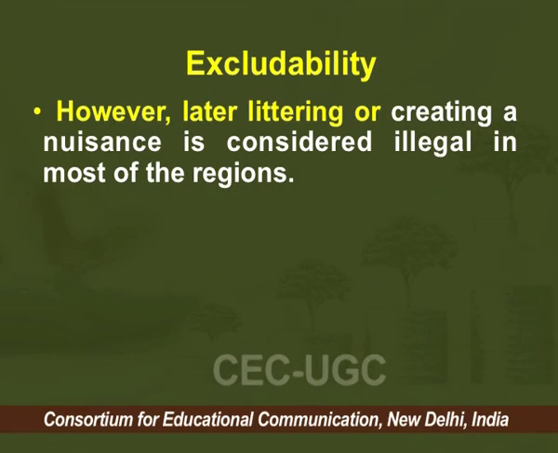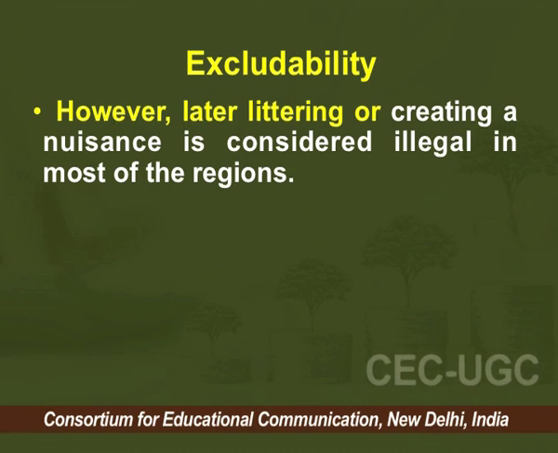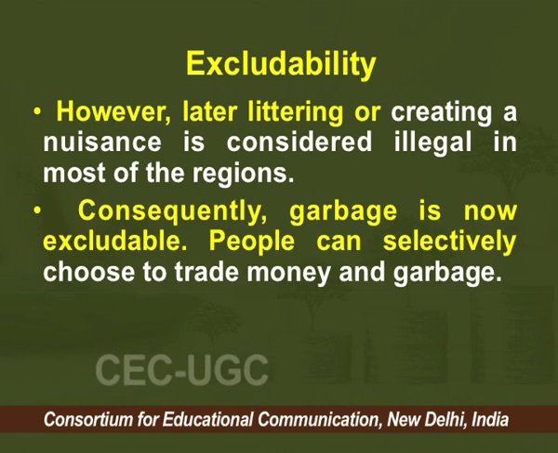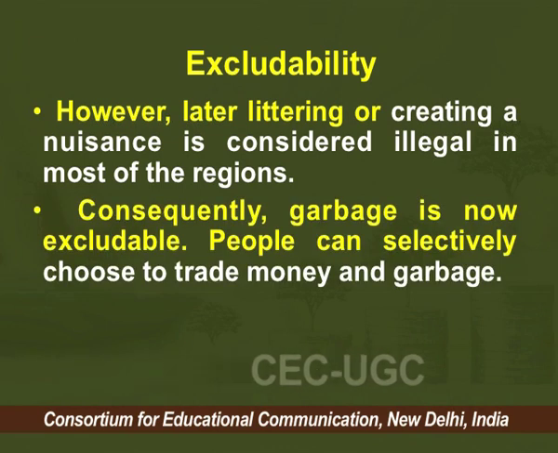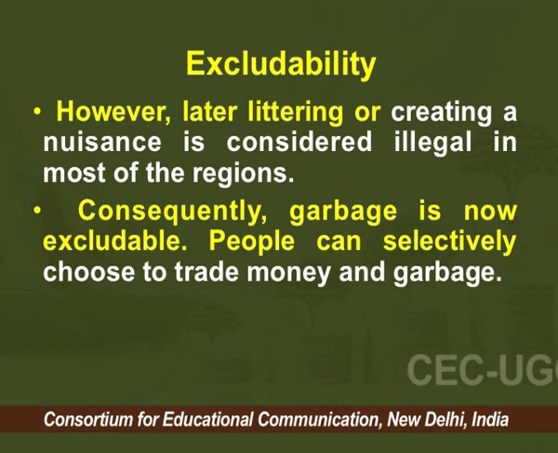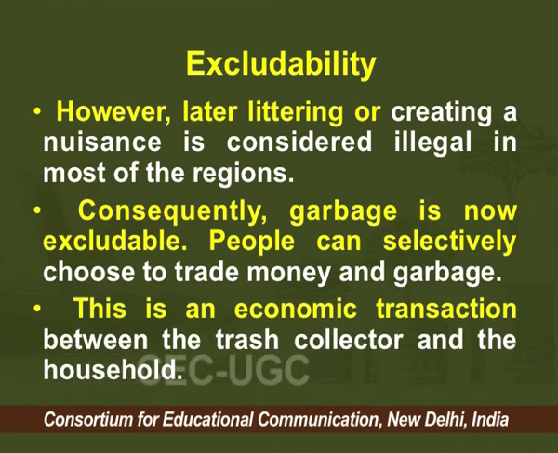However, littering and creating nuisance is now considered illegal in most regions. Consequently, garbage is now excludable. People can selectively choose and trade money for garbage collection. This is an economic transaction between the trash collector and the household. We stop here and we'll come back after a short break.